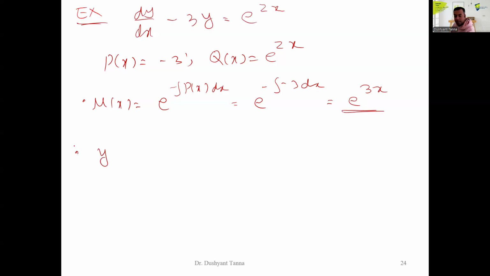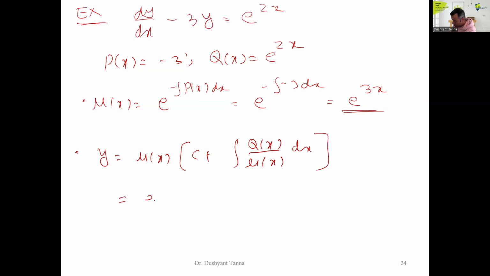For our y, which is mu x bracket c plus integration q over mu x dx, mu x being e power 3x. See, if it is not so horrible, you can continue doing it in the same steps. Q, which is e raised to 2x, over e raised to 3x dx. This will be an easy bit.